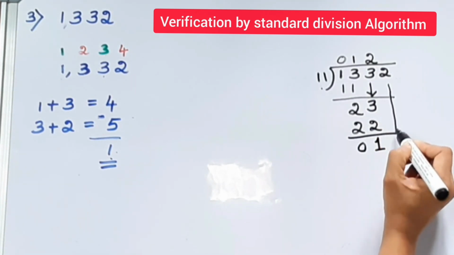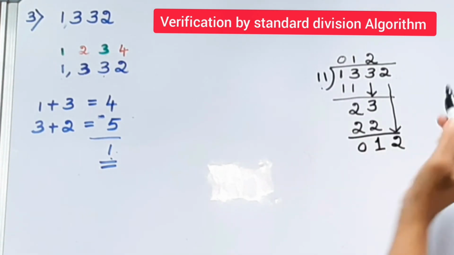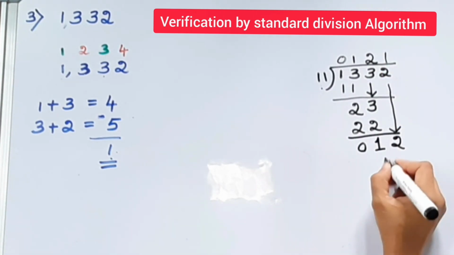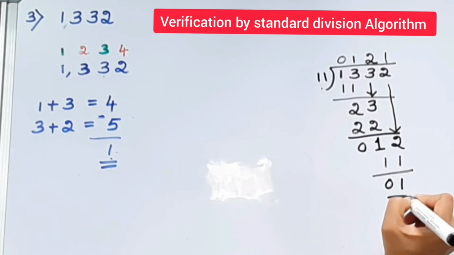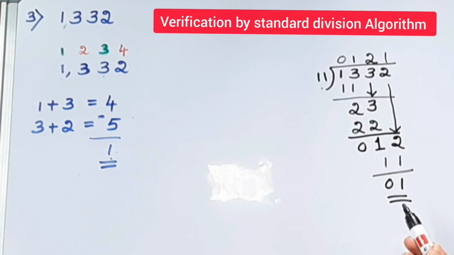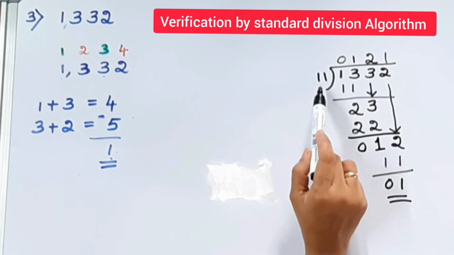Next we have to bring this 2 down. That's 12. 11 ones are 11. 12 minus 11 is 1. And the remainder is 1 here. It means 1332 is not completely divisible by 11.